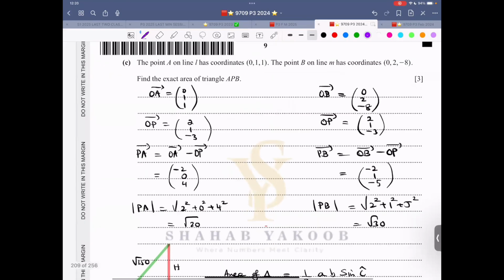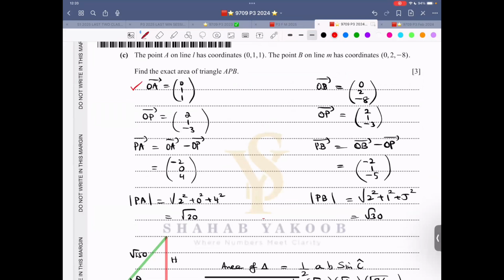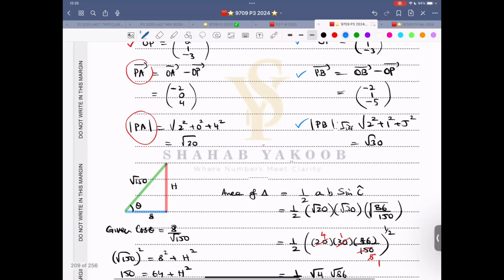Over here, we have OA, we have OP, we found the modulus of PA. Again, another usage of not the dot product as such, but basically the magnitude. And then we have OB, we have OP, we have the magnitude of PB.